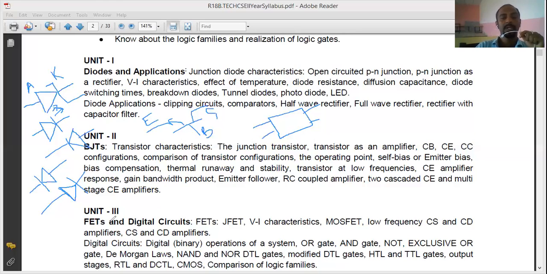So therefore, they are more opted for in integrated circuits and so on. All right, and also they cause less distortion. So that's the reason we go for FET. So FET is again a type of transistor, but this is unipolar, whereas BJT is bipolar. Okay, so we are going stage by stage.